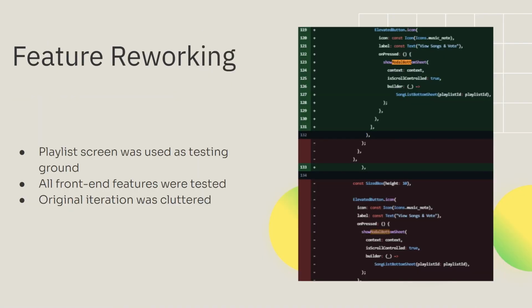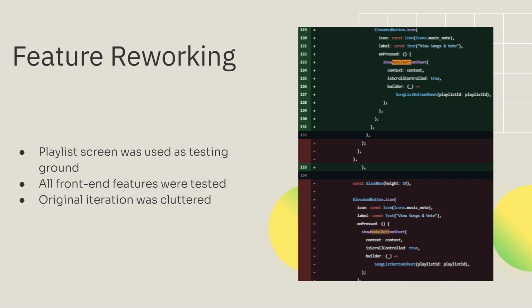To rework a lot of my features, I did use the playlist screen as kind of the central hub for my testing, and then in turn that became the central hub for the usage of the app, since I spent so much time in there testing the features, layouts, and buttons.